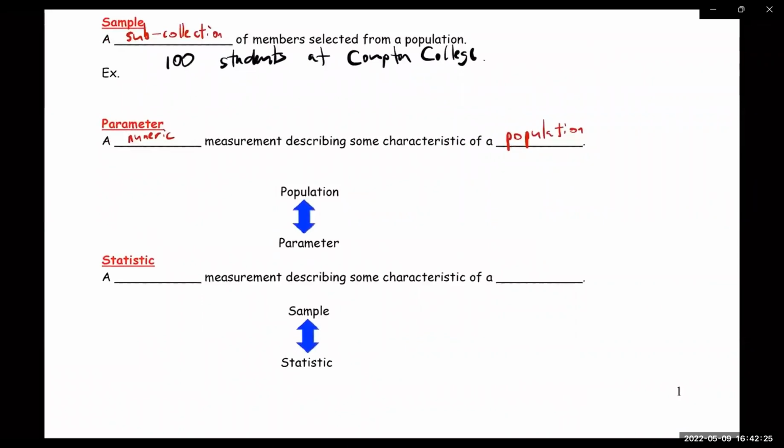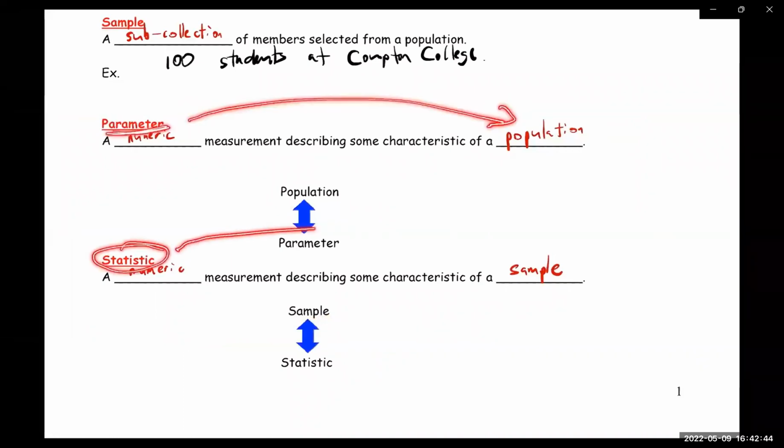A statistic is a numeric measurement describing some characteristic of a sample. So these two things are very similar, but a parameter describes the population and a statistic describes a characteristic of the sample.